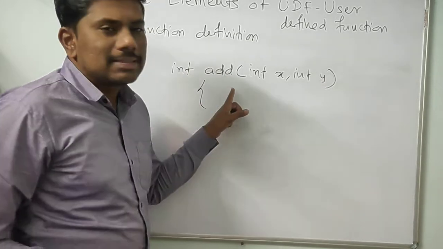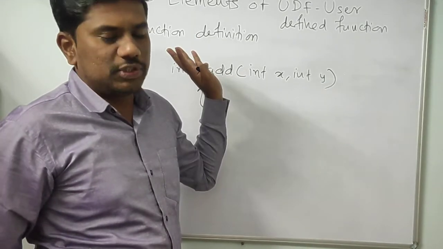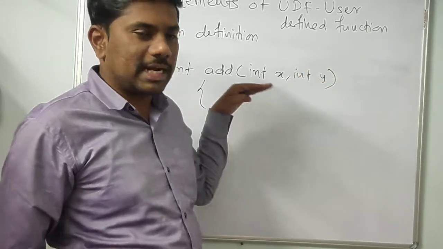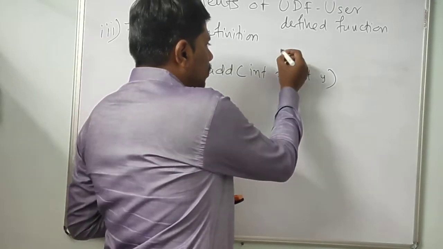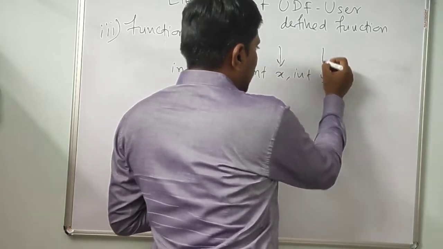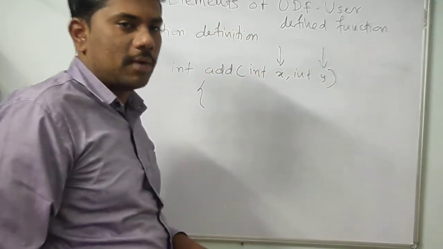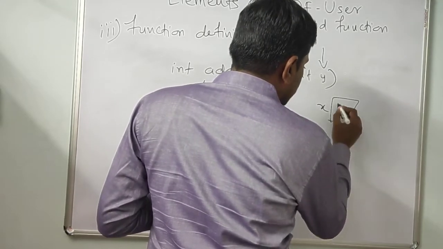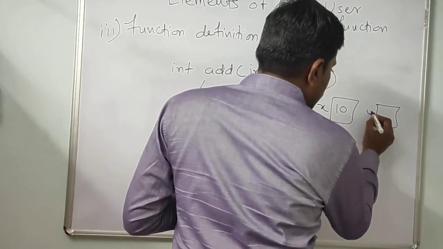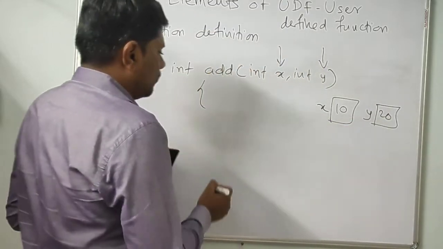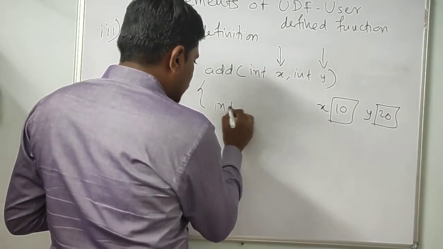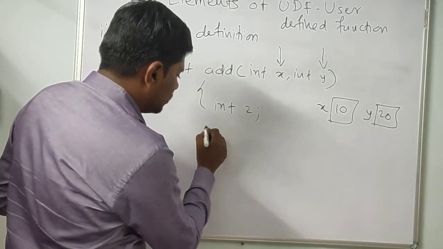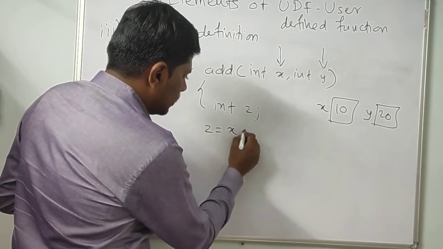Suppose this add function is called by the main function, and suppose main passed two values, 10 and 20, to this add function. So the 10 value will be received in x and the 20 value will be received in the y variable. We have received 10 and 20 in x and y, and to store the result of addition I am taking z, and then x plus y.